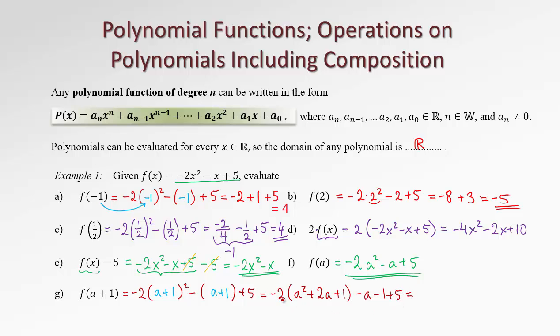We need to distribute the -2 to the bracket. So we have -2a squared, -4a, and -2. Then copy -a. We can combine these two free numbers. 5 minus 1 is plus 4. And again, one more time, combine like terms. So we have -2a squared, -4a and -1a is -5a, and 4 minus 2 is plus 2. That will be our final answer for this question.